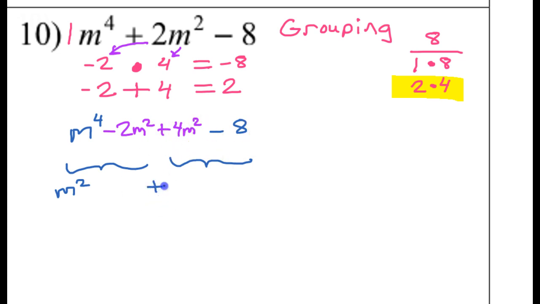So I'm going to put plus 4. Now, I'm going to have some parentheses, and to figure out what goes inside of the parentheses, I need to divide by the GCF. So I'm going to divide by m squared, and I will divide by 4. This will tell me what to put inside the parentheses.